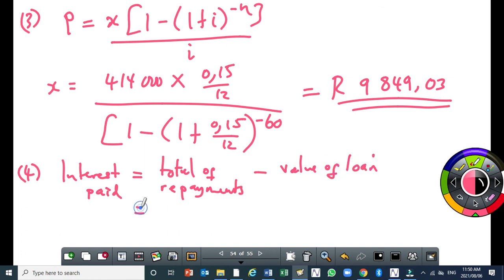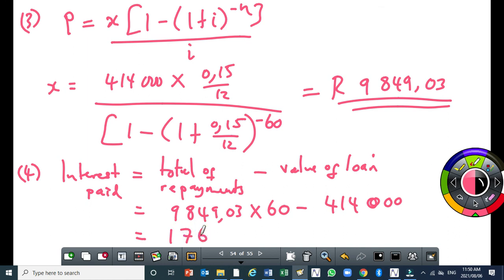So that will be 9,849 and 3 cents times 60 minus 414,000, and then this will be equal to 176,921. How much? 176,921 and 80 cents. Okay, so that's what it is.